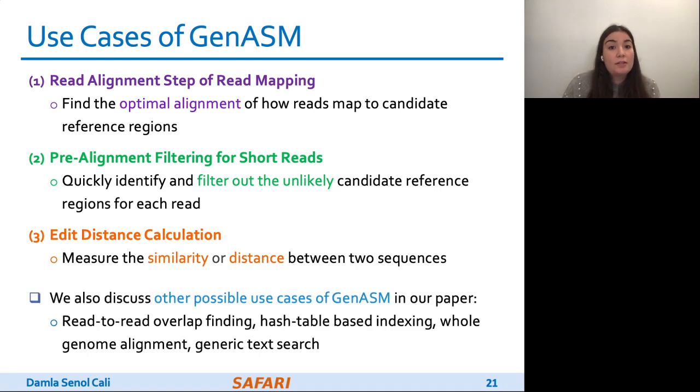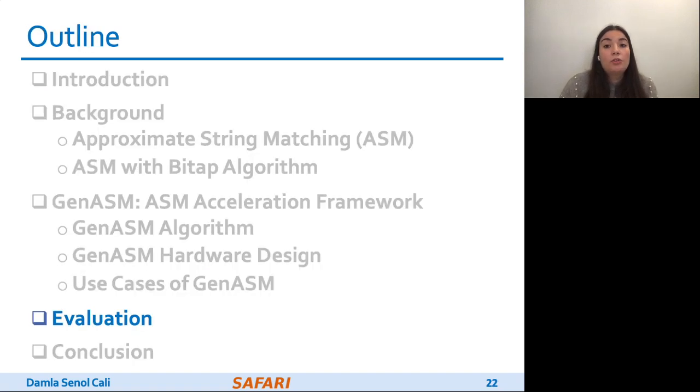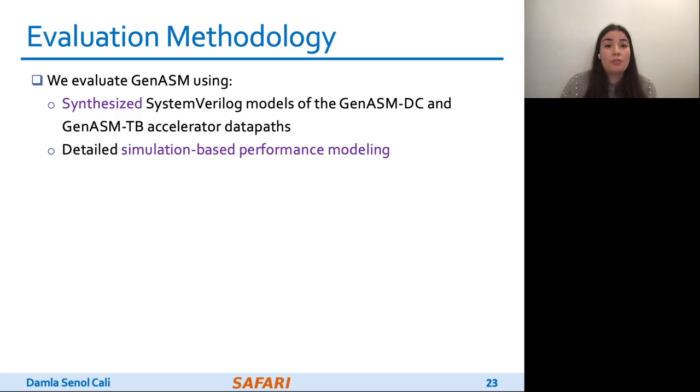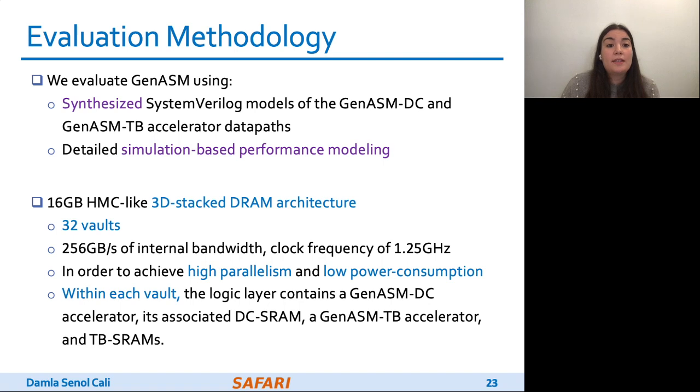We believe the GenASM framework can be useful for many other use cases, and we discuss some of them briefly in our paper. Let's look at our evaluation of the GenASM design and framework. We evaluate GenASM using a combination of synthesis of our DC and TB accelerator datapaths and detailed simulation-based performance modeling. We evaluate a 16 gigabyte HMC-like 3D-stacked DRAM architecture with 32 vaults.